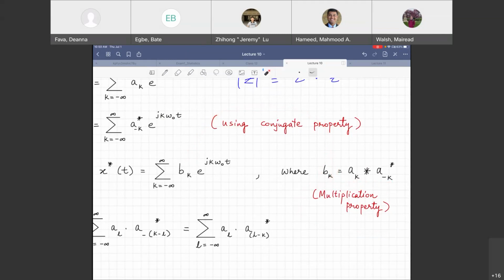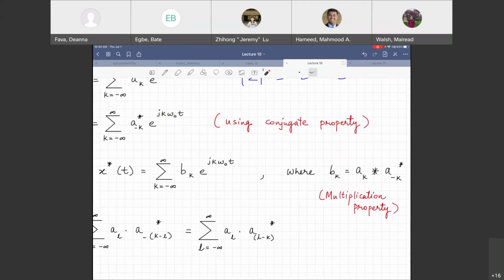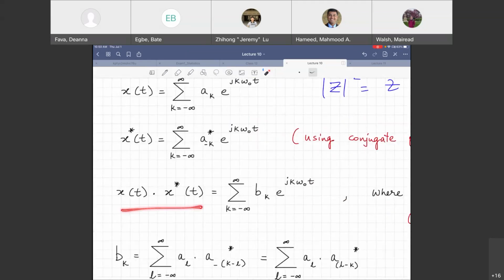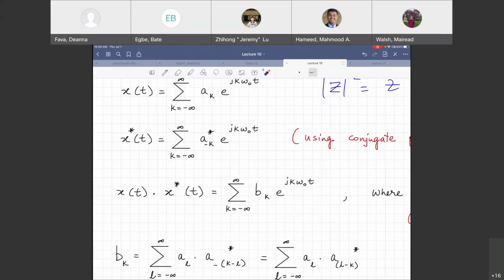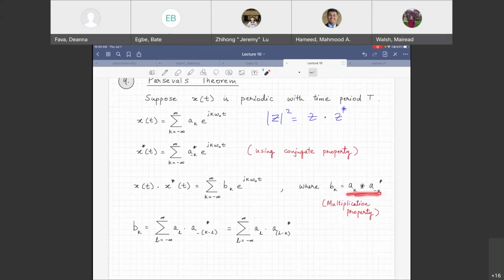If I have a time period T signal, another signal that has the same time period T, I multiply those two guys, I will get another signal that is periodic with the same time period, which is why we are able to say that this is going to be represented in this form with the same time period, which means the same omega naught. The only thing that changes is the Fourier series coefficients. You see that? And the Fourier series coefficients, you obtain that by doing a discrete convolution there.